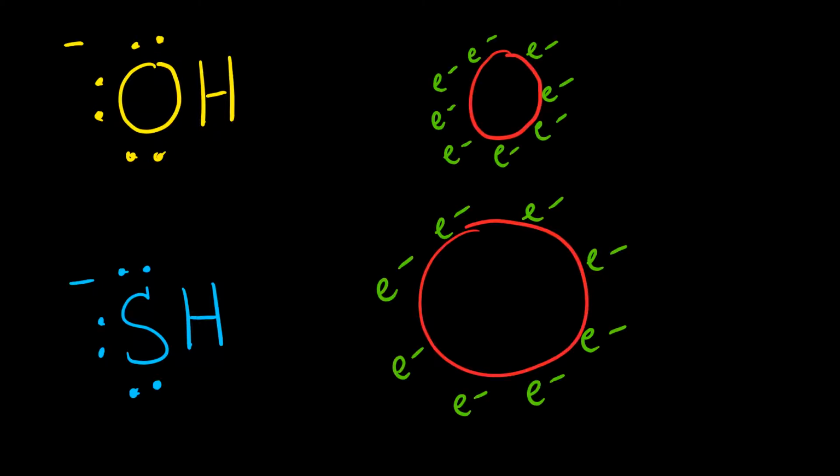And we know that electrons do not like to be near one another, so having more space to get away from each other is a good thing. So compared to an oxygen with a negative charge, a sulfur with a negative charge allows more room for these electrons to get away from each other, which is a stabilizing effect. And this trend is going to hold true anytime you compare two elements within the same group column of the periodic table.